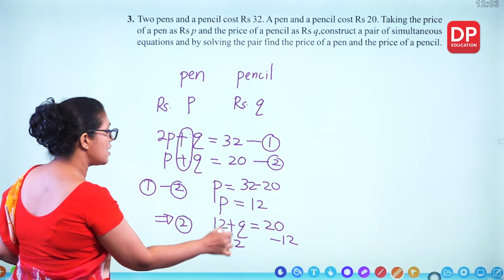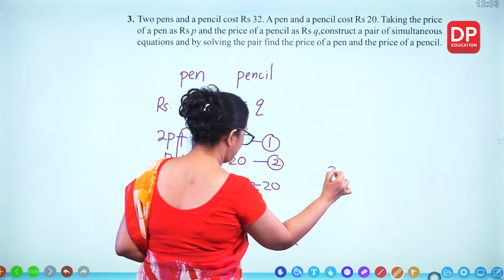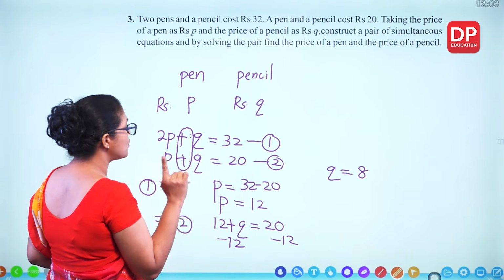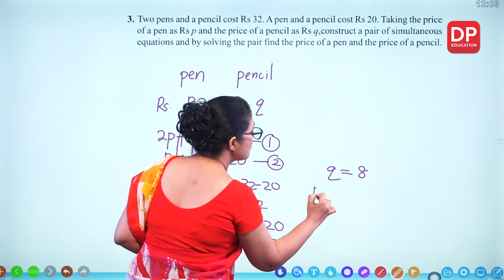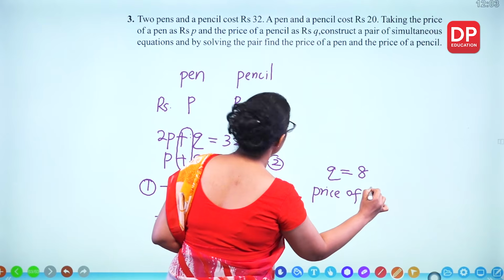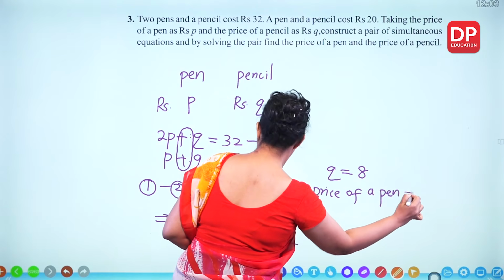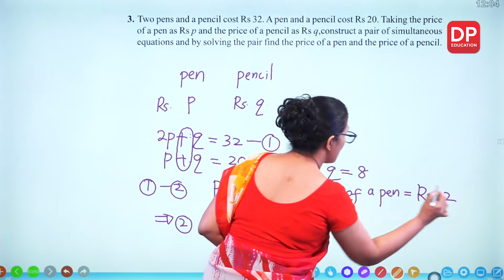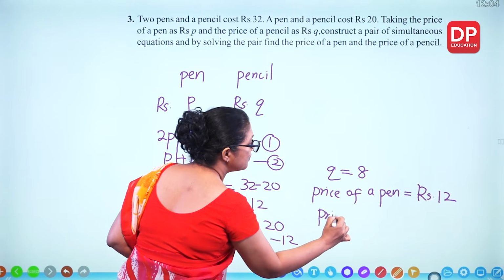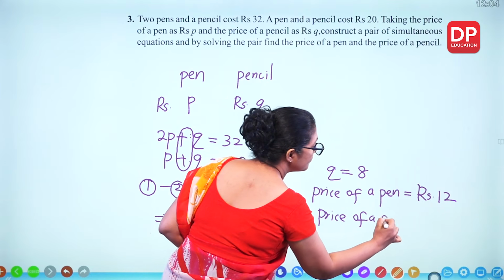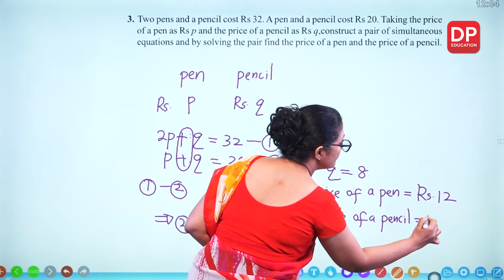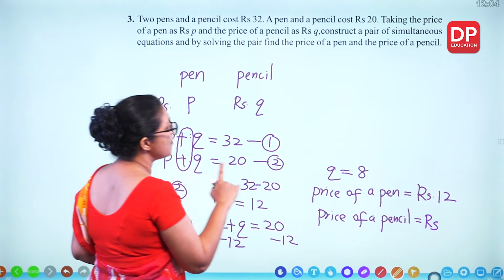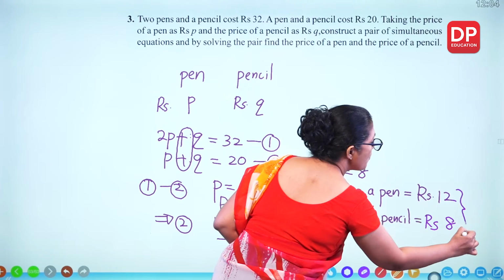What do you get? Q equals 20 minus 12, that's 8. So P equals 12 means the price of a pen is 12 rupees. What's the price of a pencil? That's the other one, Q. Q is the price of a pencil, that's 8 rupees.